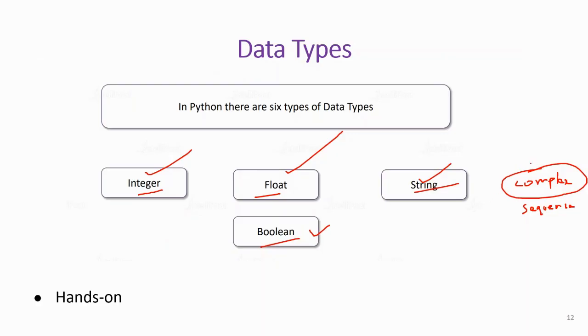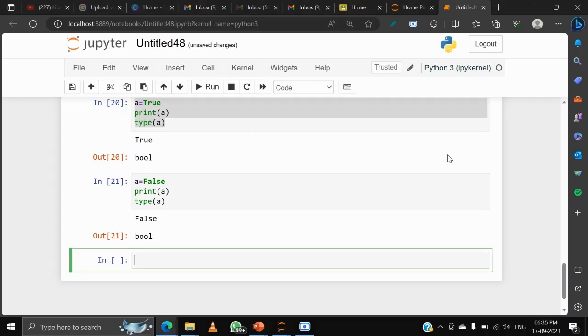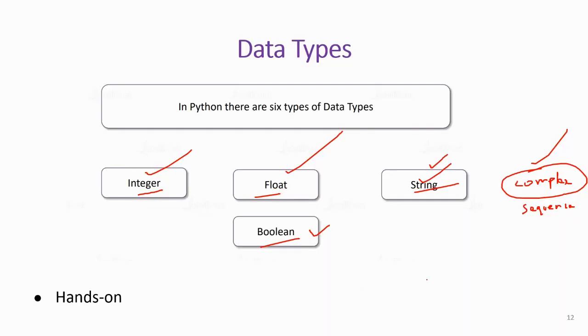Now we have seen complex and Boolean. Now the next type of data is string data. String data, we will write within single quotes or double quotes. Both are possible. Whatever data we write in between single quotes or double quotes will be taken as string data.